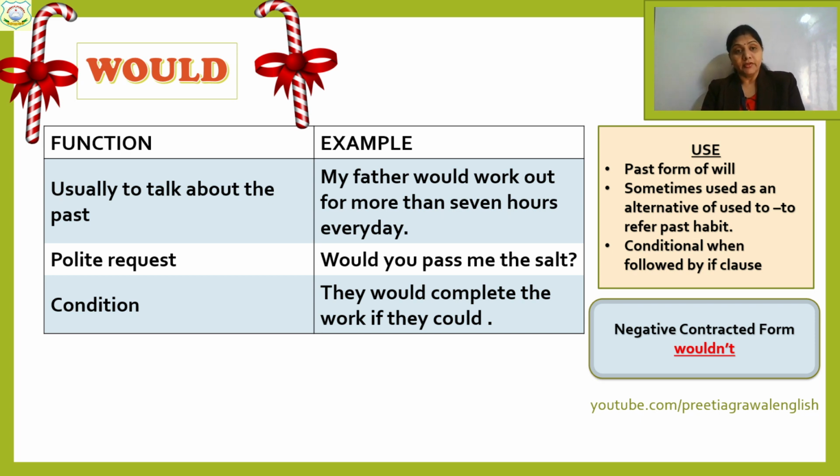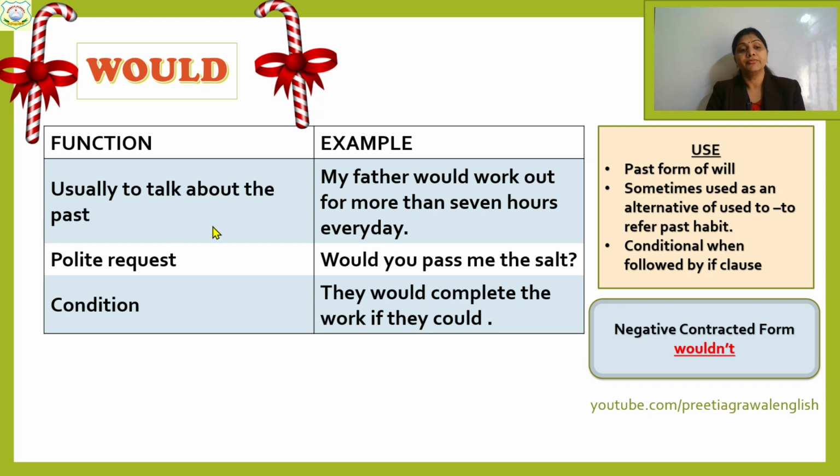Listen, the same I have given you while using, it means past habit. For past habit, we use many modals. We use used to also. Here in place of would, if I write used to, that will also be correct. My father used to work out. Or if I write my father would work out, both show the past.